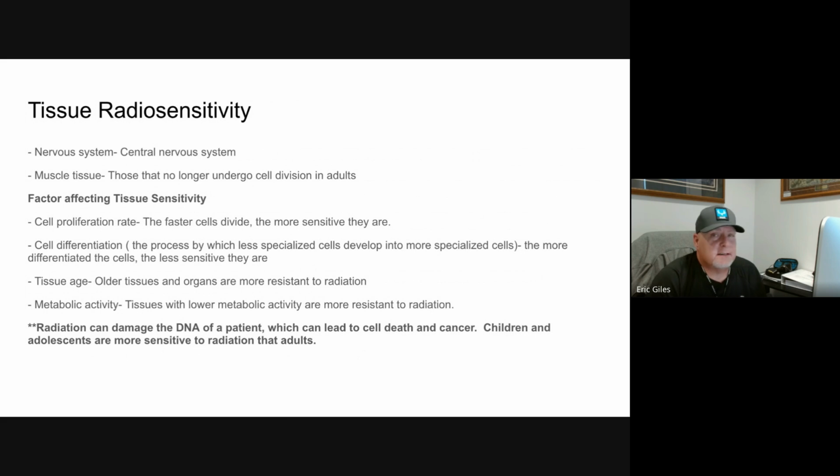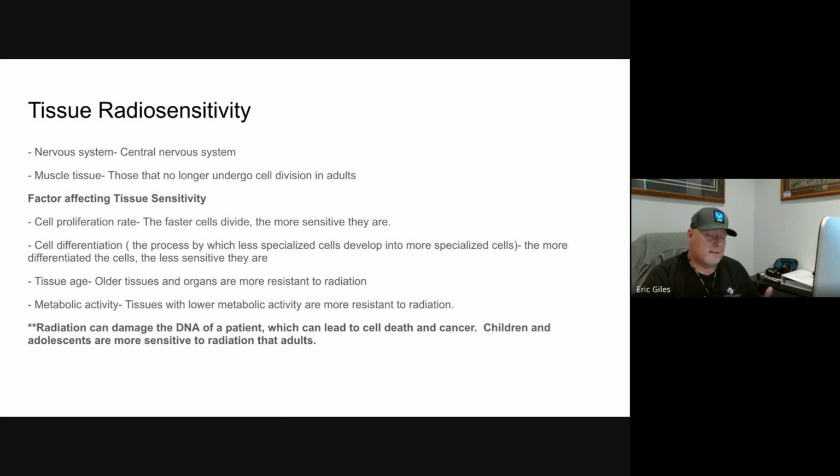So the factors affecting tissue sensitivity, cell proliferation rate. The faster the cell divides, the more sensitive they are. Okay, i.e., ovaries, testes, reproductive organs, the inner lining of the small bowel, thyroid. Those are very prolific cells, so they're going to be more sensitive. Cell differentiation, which means the process by which less specialized cells develop into more specialized cells.